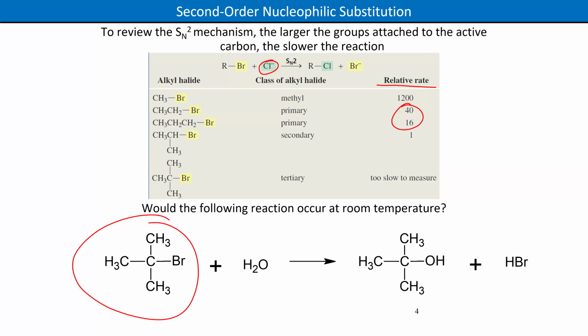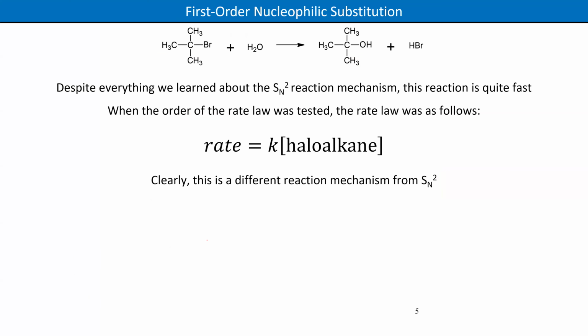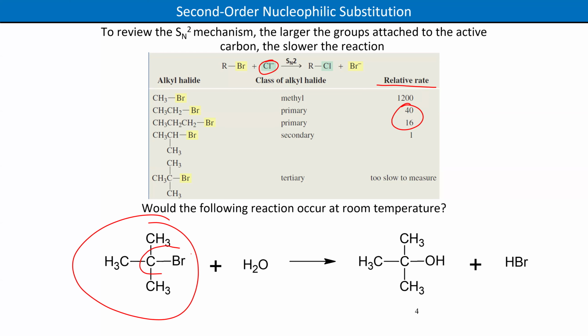Why? Because the active carbon, the one that has the bromine attached, has 3 carbons attached to it, and spatially there's not enough room for a nucleophile to come in and attack. Having 3 carbons around that active carbon makes it really hard to thread that needle and get your nucleophile to attach to that carbon.